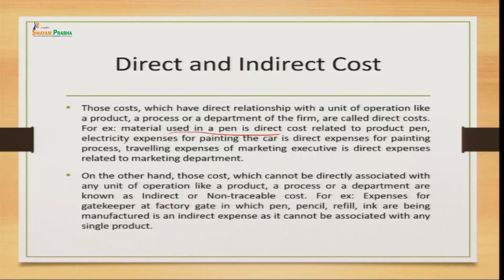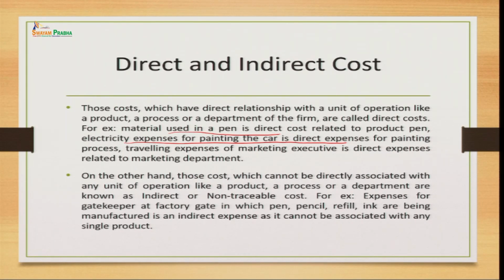Or you can say electricity expenses for painting a car is also a direct expense for the painting process, because whatever electricity is incurred for painting that particular car can be directly associated with that process. So, if there is a direct relationship, then those costs are considered direct costs.